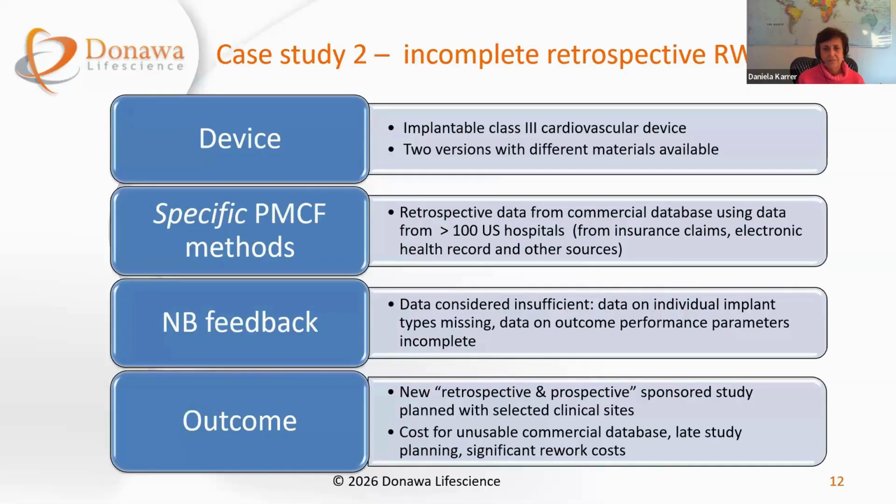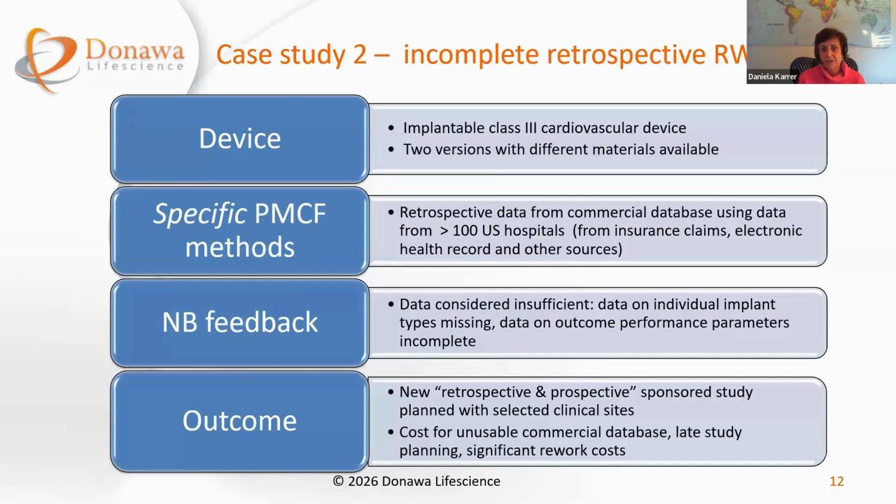Data on individual implant types were missing, not all of them, but many. So it was impossible to identify data that referred to one material or the other, and other outcome parameters were missing.